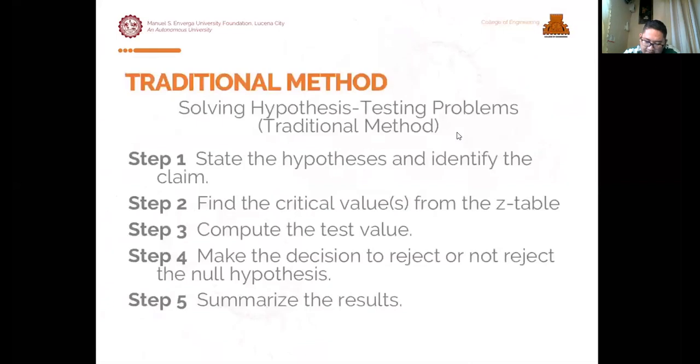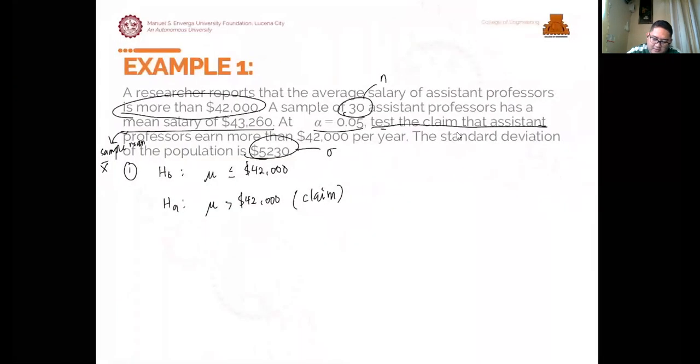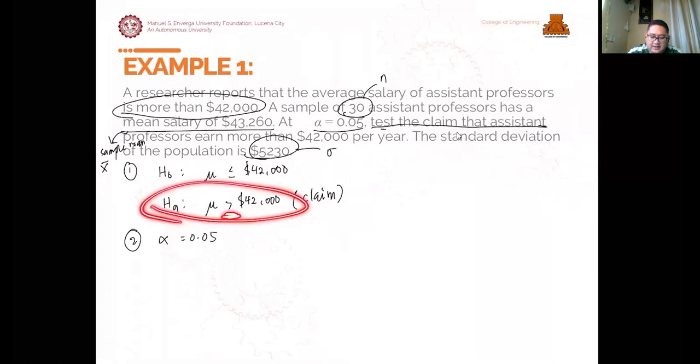Next is find yung critical value sa Z-table. Okay? Ano daw yung critical value natin? So, given tayo na alpha is equals to 0.05, then yung alternative natin is naka-greater than.